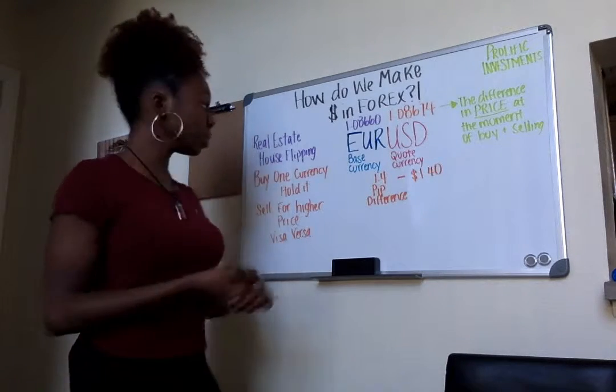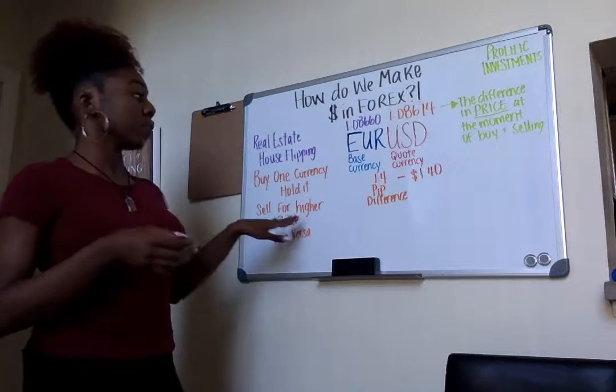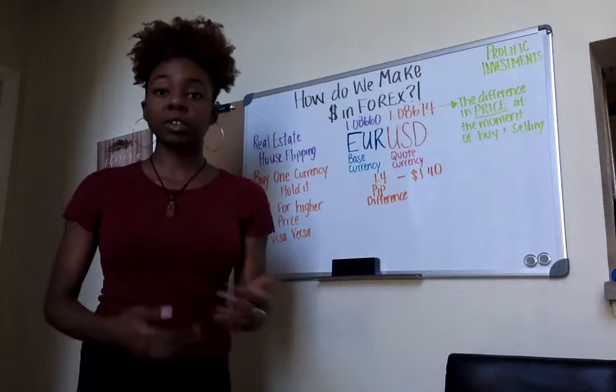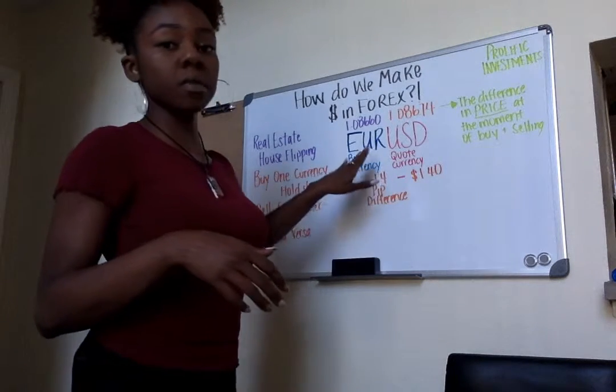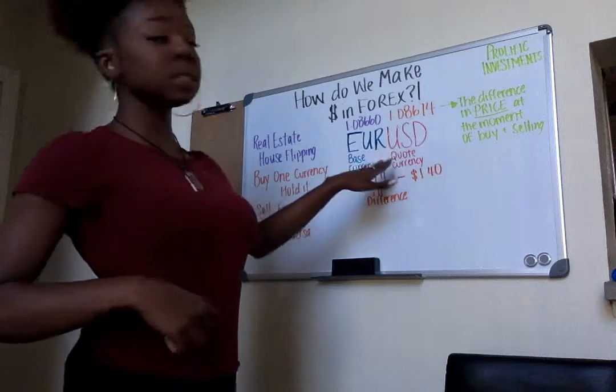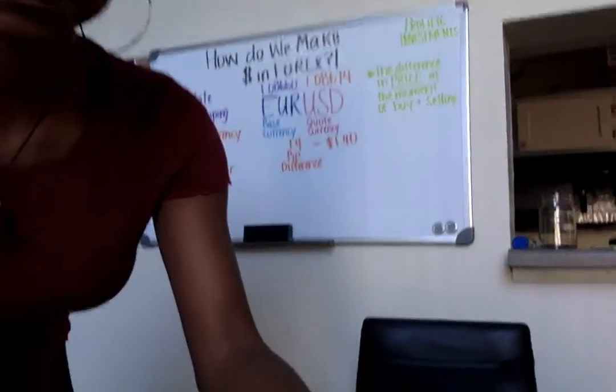That's on you. And then you can sell the trade that you once bought for a higher price, and vice versa. Just for an example, I did a Euro USD pair so that you can see how it works.